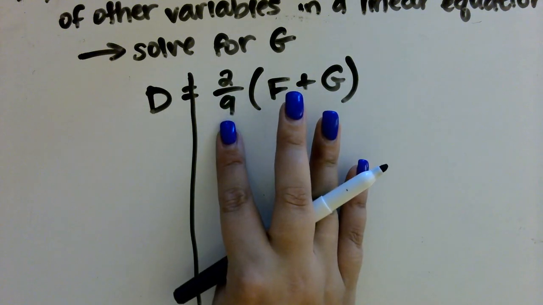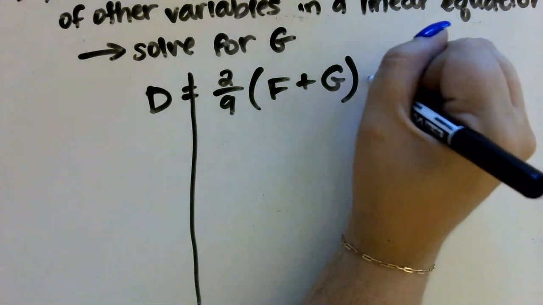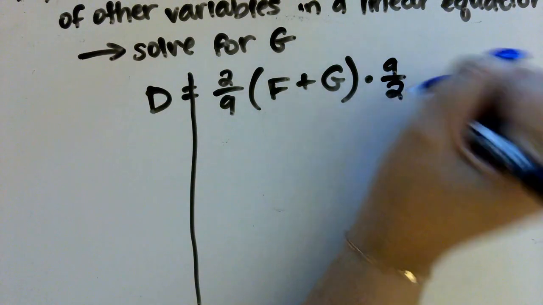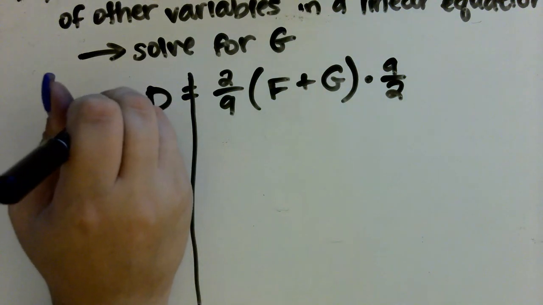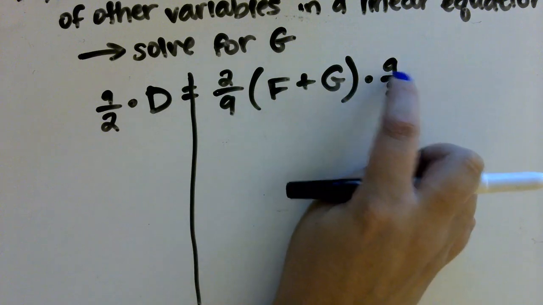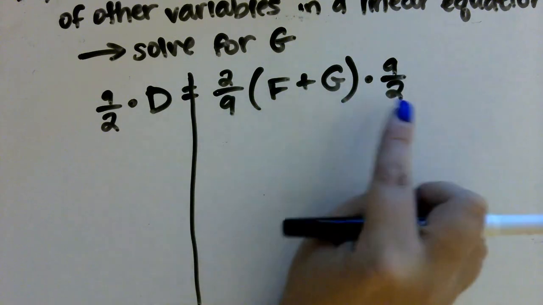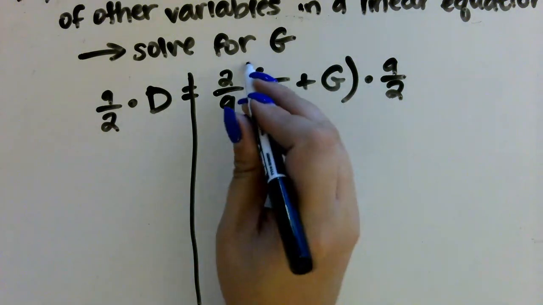It's that opposite operation of multiplying by 9 over 2. Anything I do to one side, I do to both sides. And now remember, 2 times 9 is 18. 9 times 2 is 18. We end up with 18 over 18, which is just one whole.